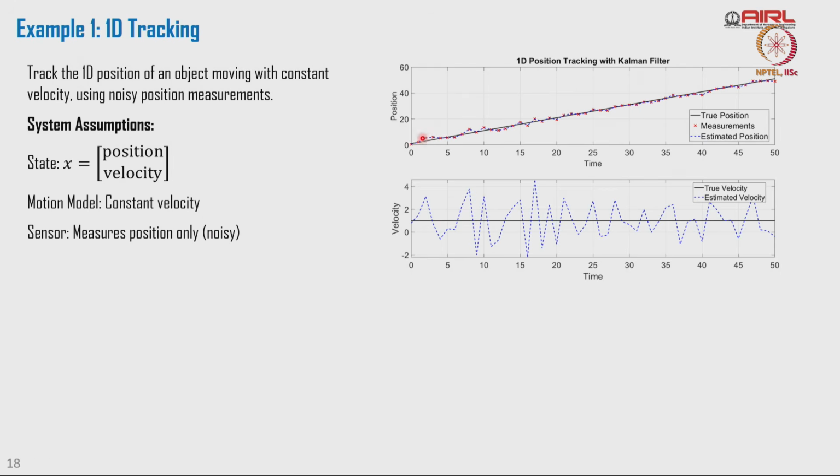I am measuring my position, the actual trajectory is given in the black line. I have measurements represented by the red cross marks, the estimated positions are all given in the dotted line. Now look at the constant velocity, I am moving at 1 meter per second. You see how the estimates are behaving.